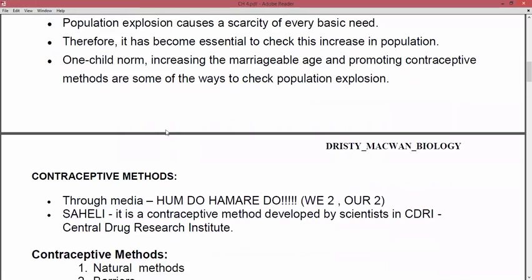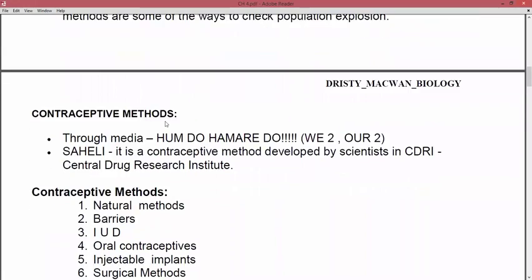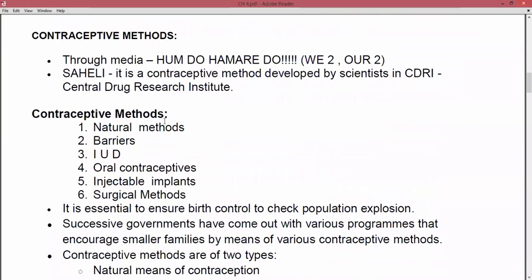Now, the main thing is the contraceptive methods which are being used in present day life, right? And these contraceptive methods are being used in order to control the population. So if it is asked what the methods to control the population are, then you have to write the contraceptive methods.